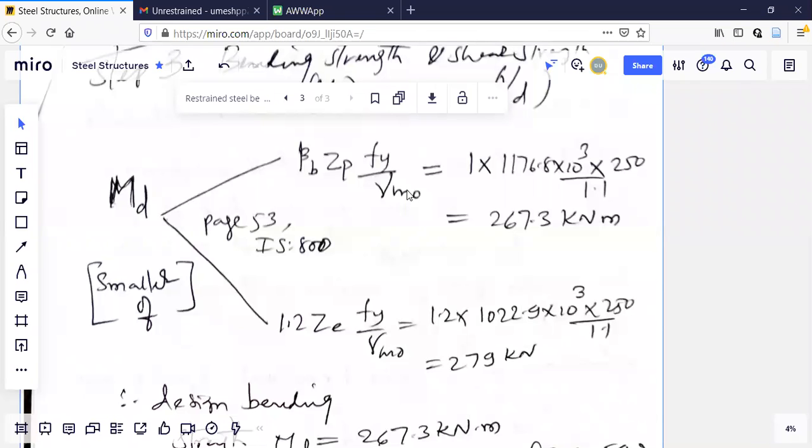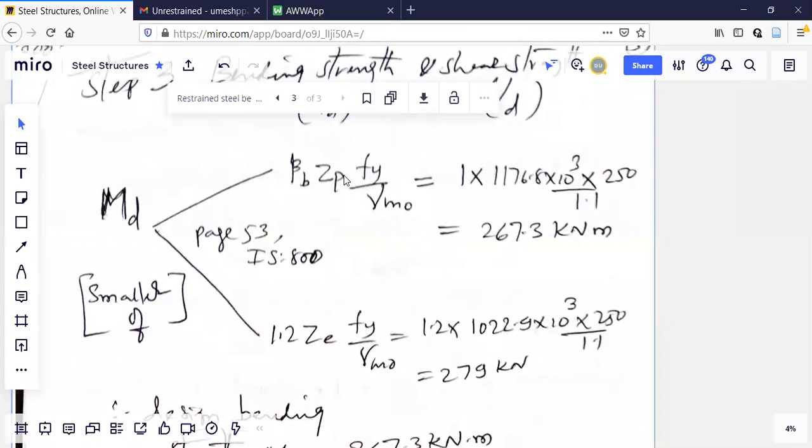Ultimately, comparing these two, the only thing I have introduced in this formula is chi LT. Here Fy is not directly Fy by gamma M naught, it is chi LT Fy by gamma M naught. Chi LT, gamma, all those things are FBD values.